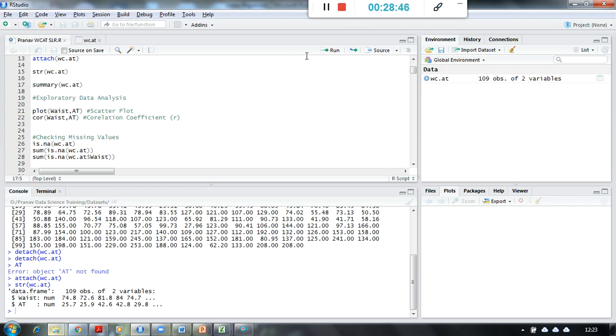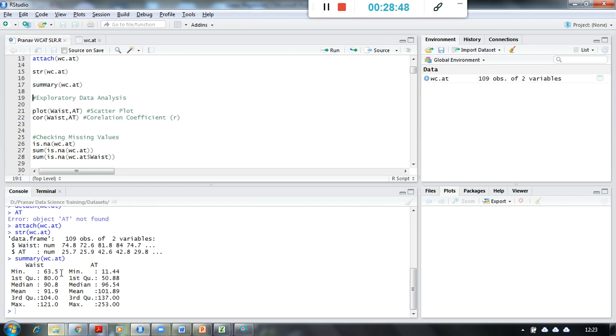Alright, so what is the summary of this data? Okay, this is the summary. From the summary, I can get all the details, like the minimum value and maximum value available in the waist circumference, okay. So how fat a person is, what is their first quartile, third quartile, what is mean, median, etc. And then the minimum and maximum values for adipose tissue.